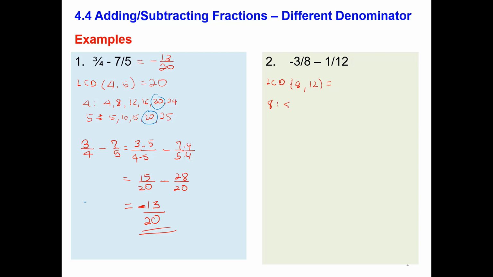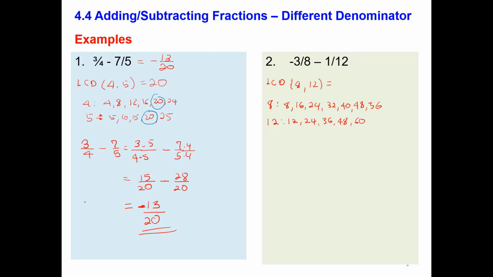It will be 8, 16, 24, 32, 40, 48, 56. Now let's see, with these multiples it's enough. The multiples for 12 will be 12, 24, 36, 48, 60.